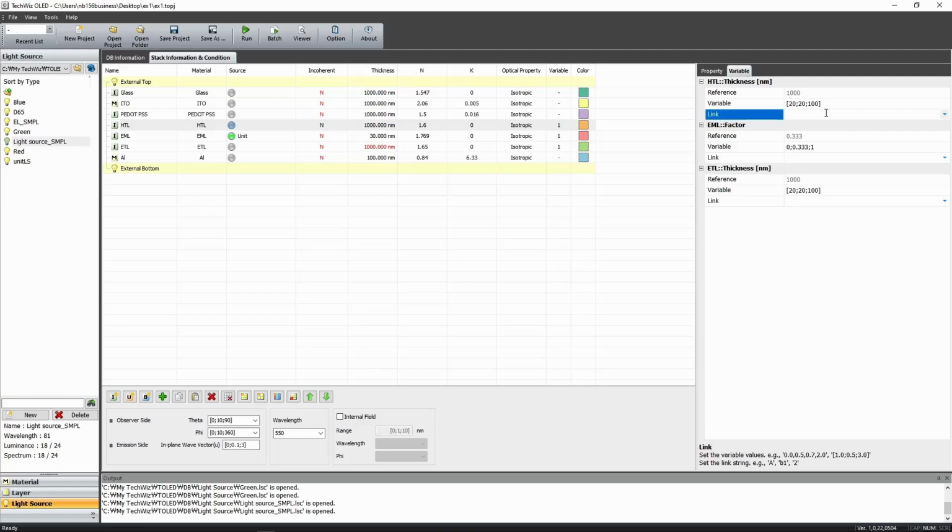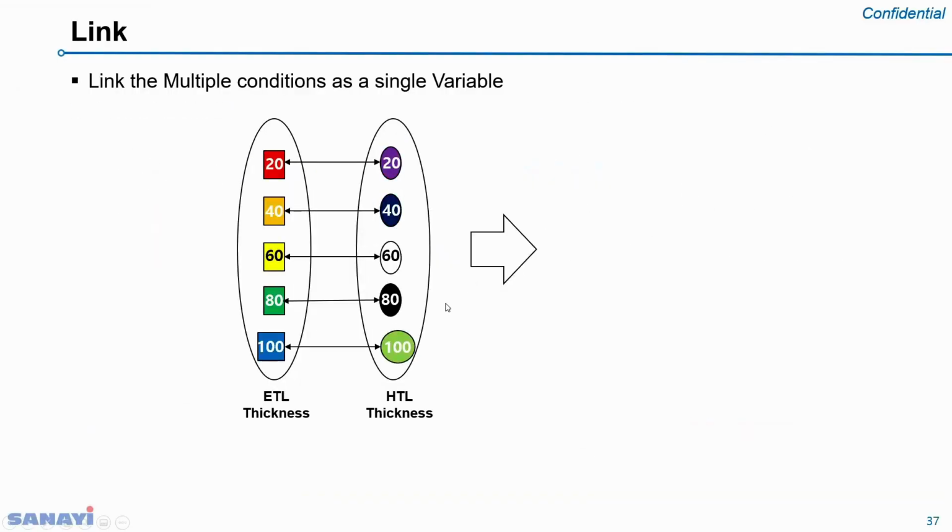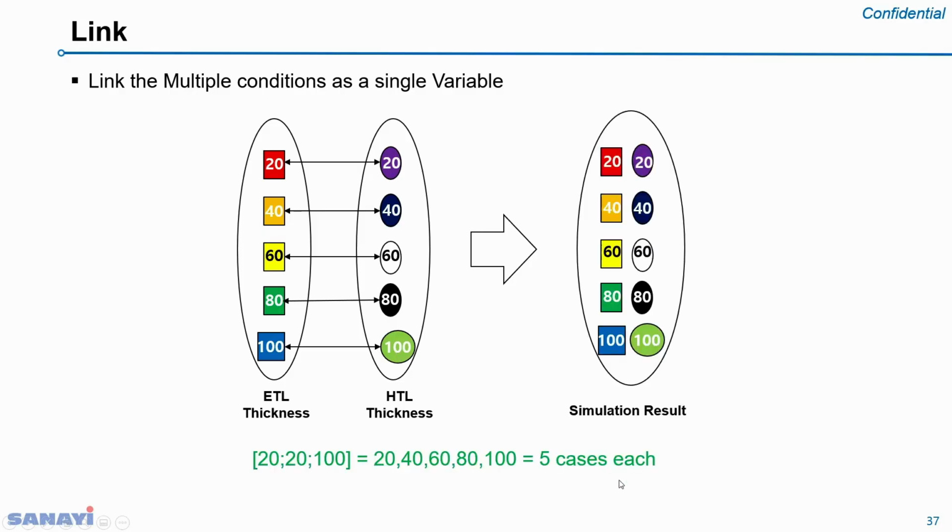So I will enter letter A each. If so, under what conditions will the simulation proceed? By using the link option, it is one-to-one correspondence. Therefore, total 5 cases are simulated as follows.